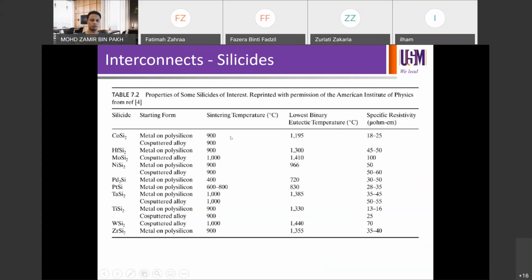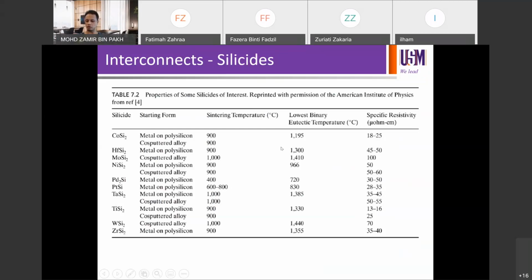For most of them, one is slightly lower. Palladium, for example, is slightly lower. Platinum is slightly lower, 600 to 800. But the rest are in the region of 900 to 1000 degrees C. The lowest binary temperature, you can always get these values from the phase diagram of the binary compound.